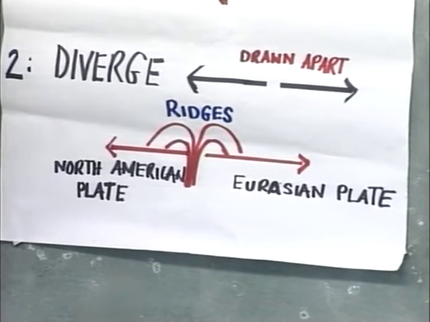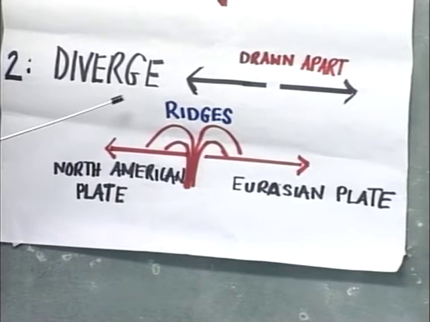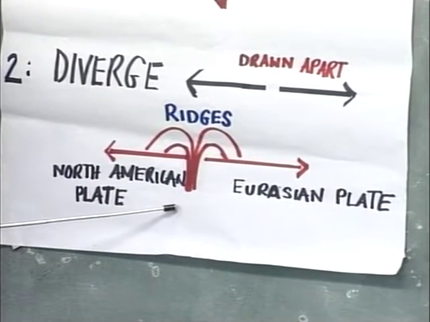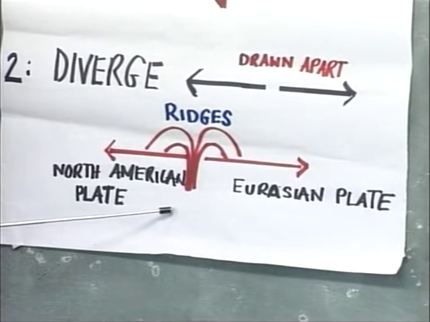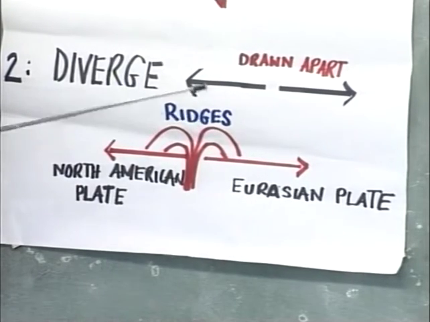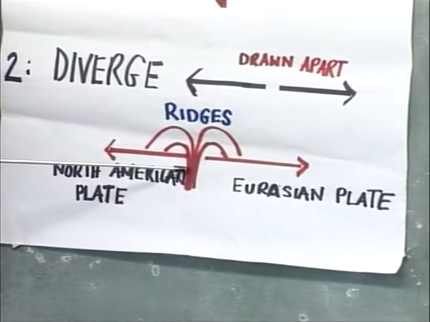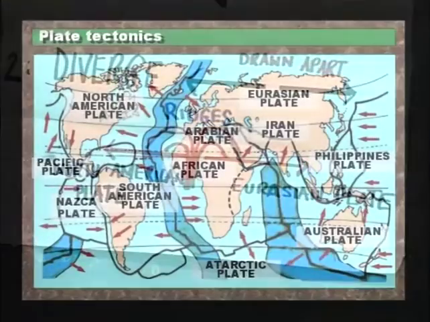Also, I mentioned earlier on that wherever there are plate boundaries, you can also expect to find volcanoes, and earthquakes are also commonly felt. So beside the ridge here, we can also put in volcanoes, and earthquakes are felt wherever there are plate boundaries. Okay, note an example, if you can make reference to the North American plate.